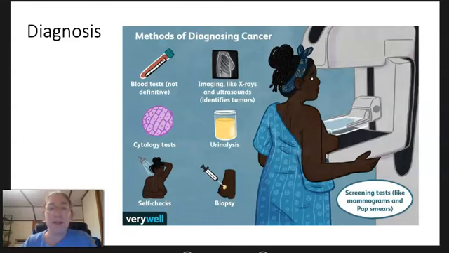Another one is colonoscopies after, I think, age 50 or younger if cancer runs in your family. People are recommended to go through regular colon screening, colonoscopy, a procedure to look for colon cancer, essentially.